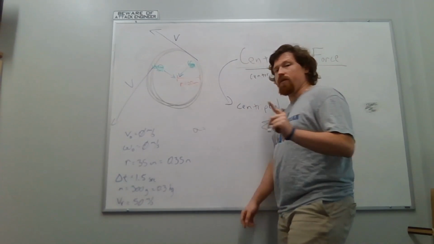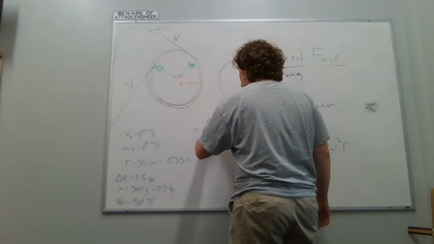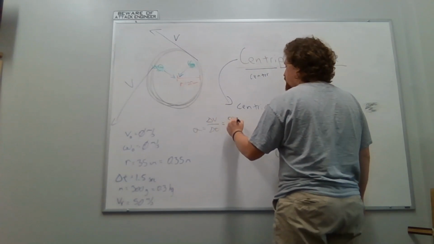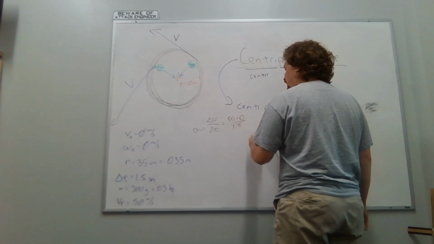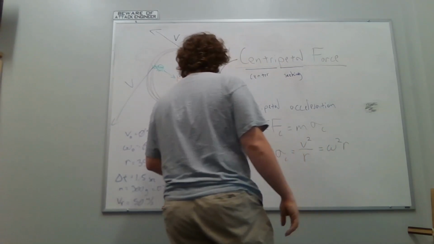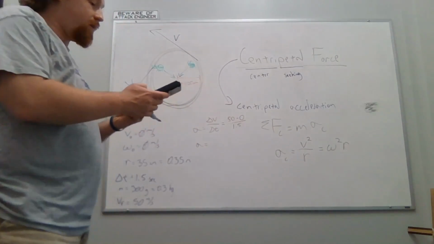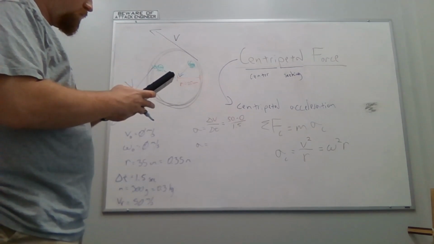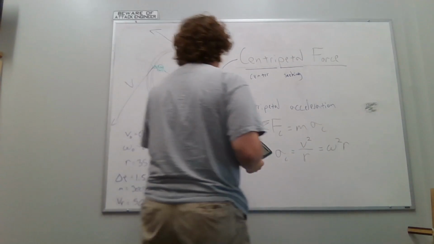So, one formula that contains all of those things: A equals delta V over delta T. So, we got the sling up to 50. It began at 0. This whole thing took 1.5 seconds. This can tell us that the linear acceleration of the rock during this amount of time was 33.3 meters per second squared.